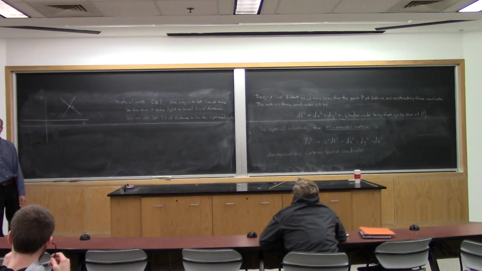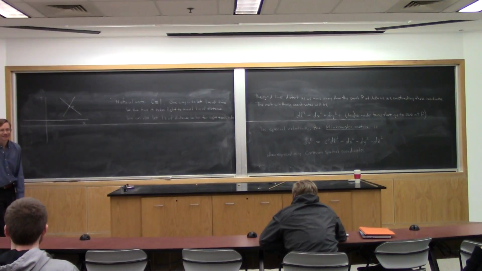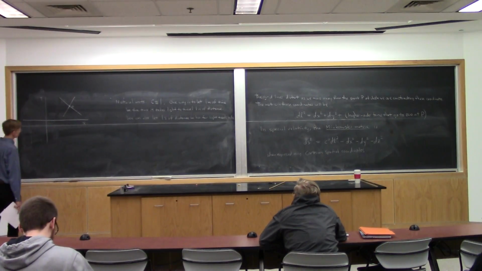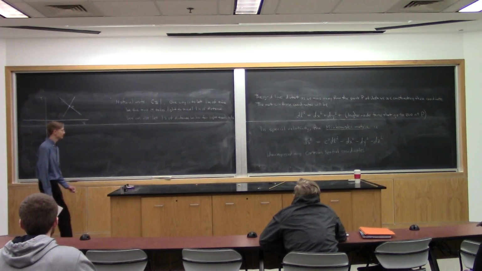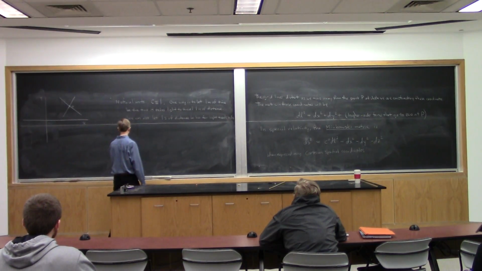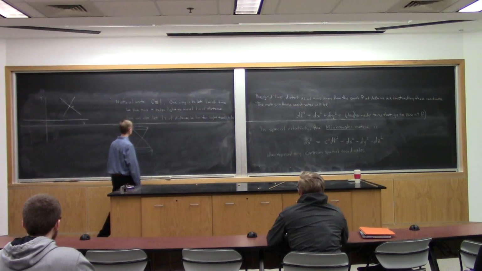Did you guys talk about light cones at all? Maybe it's not familiar, or maybe you just forgot, right? The reason we call it a light cone is if you did this in 2 dimensions of space, x, y, and t, the light cone literally is a cone if your space is 2-dimensional in your space-time.